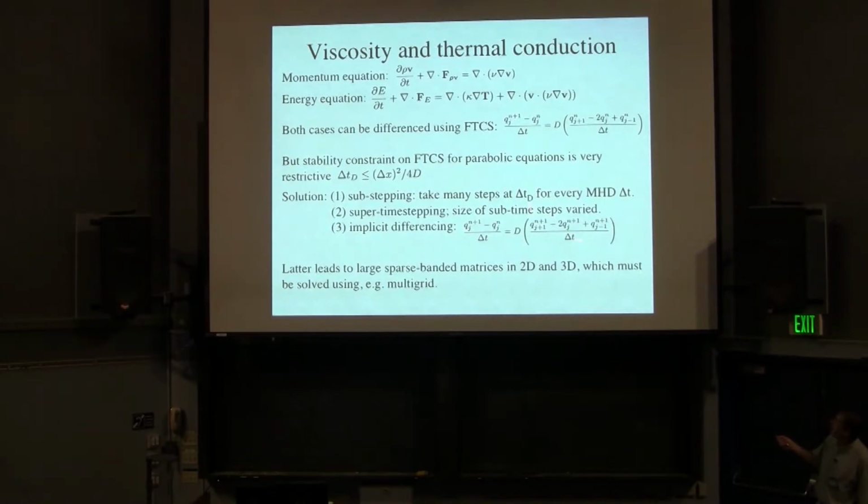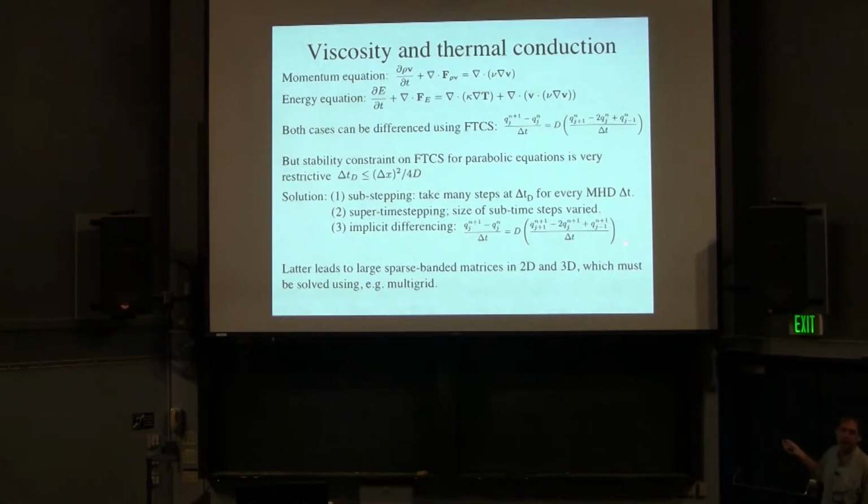Finally, as Paul has mentioned, you can use implicit differencing. So you would write the right-hand side of the diffusion terms using the advanced time solution, q to the n plus 1. Q would be E here, or velocity if it's viscosity in a momentum equation. Of course, the problem here is that these equations involve spatial differencing. So now you're coupling the unknowns not just at the grid cell j, but also j plus 1 and j minus 1 in one dimension.